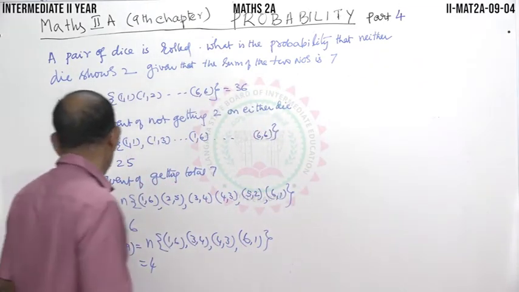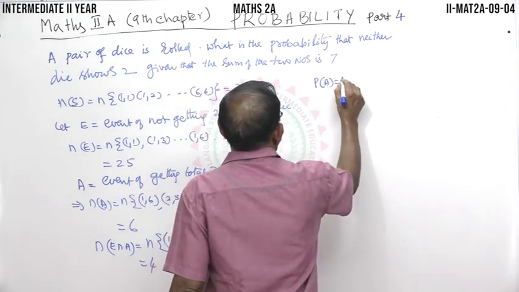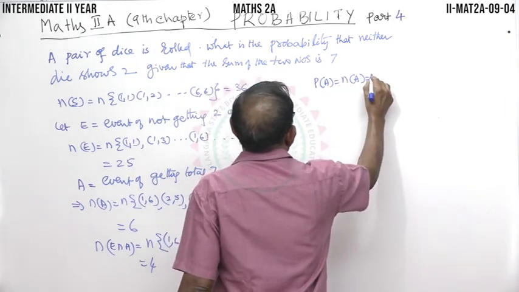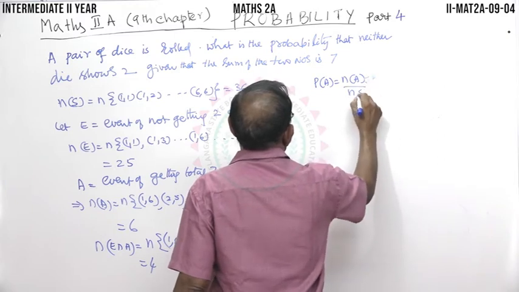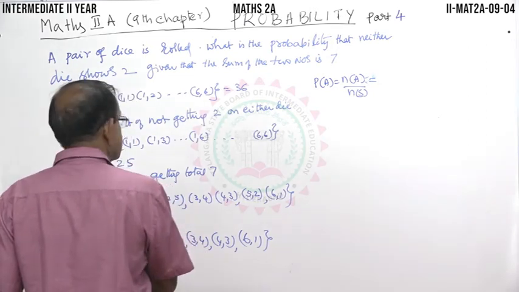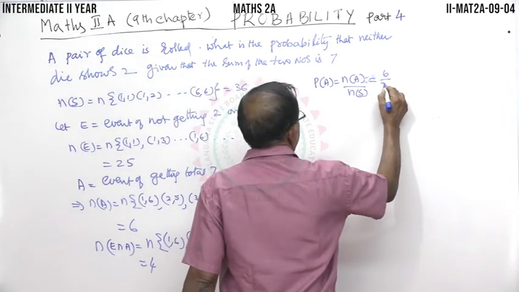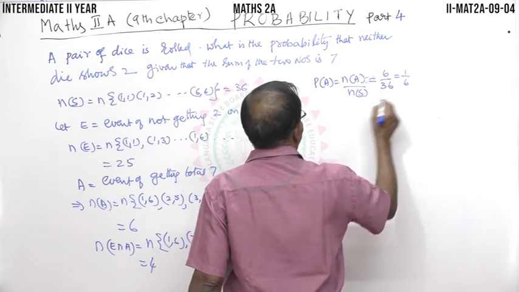P of A is equal to N of A by N of S. N of A is equal to 6 by 36, that is 1 by 6.